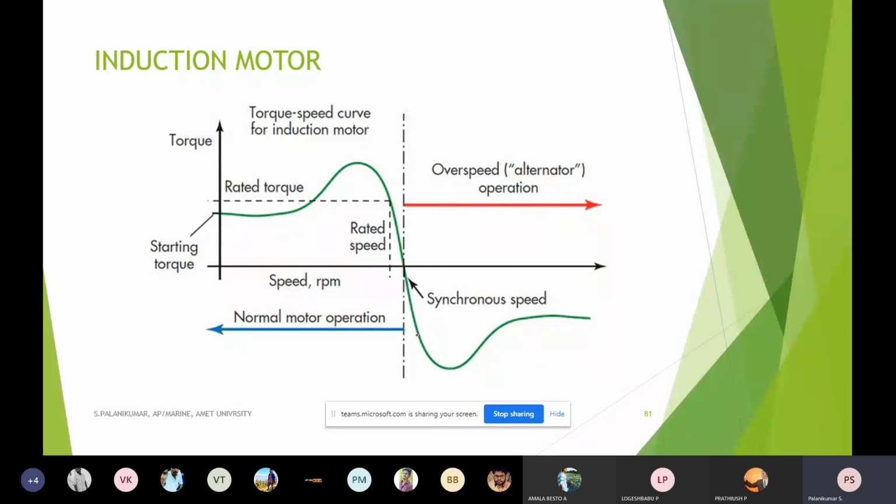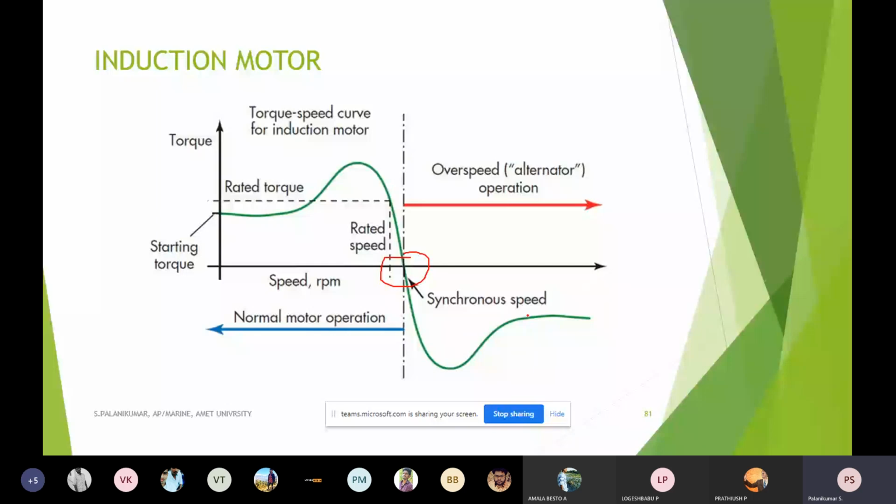If we increase the speed by means of an external force or external arrangement, the net torque starts in the reverse direction. Even though the speed is increasing in the same direction, the torque is in the reverse direction. This is called generating operation.